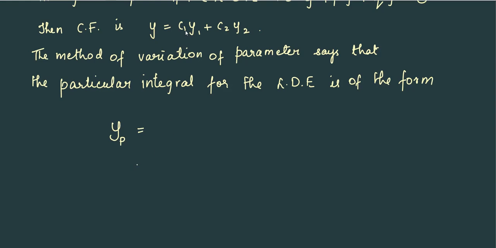Instead of c1 and c2 as arbitrary constants, we change them to functions of x: u(x) y1 plus v(x) y2.